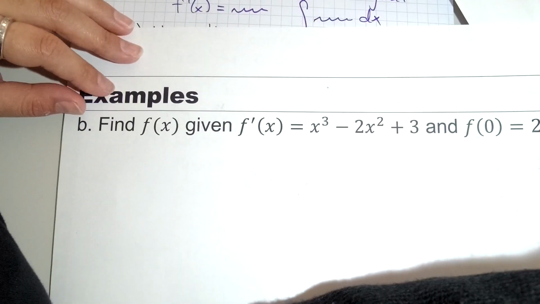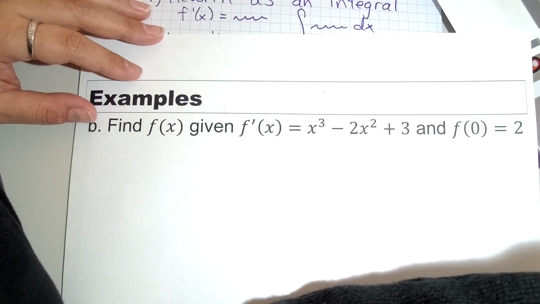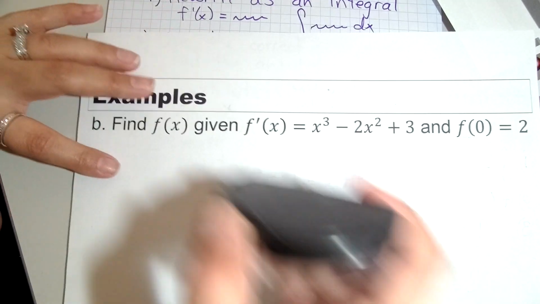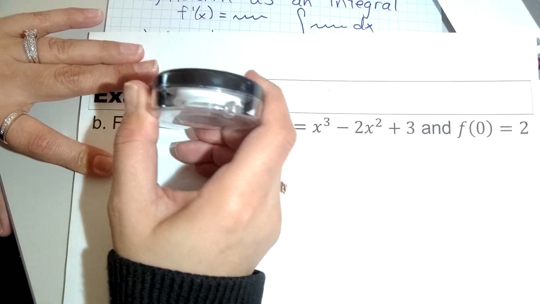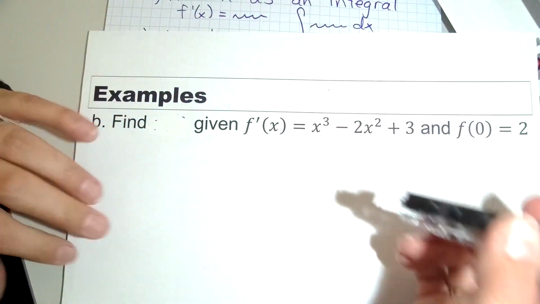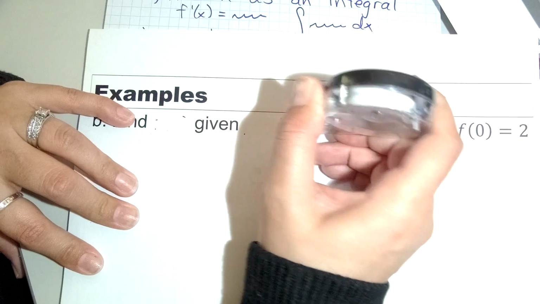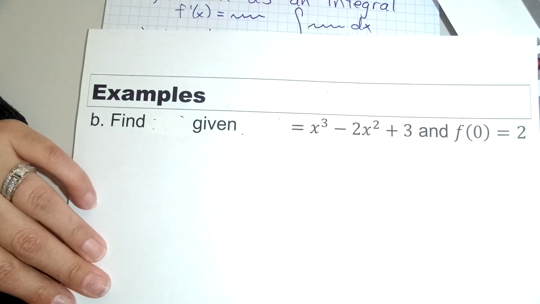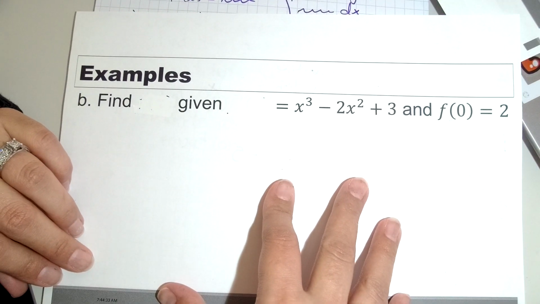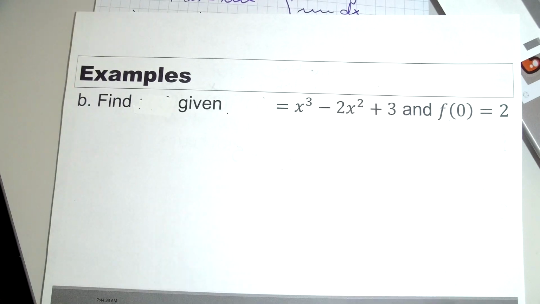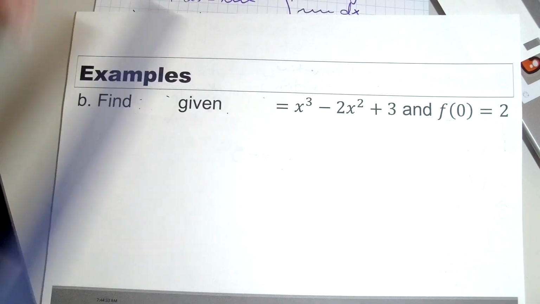On your paper, does it say f of x or y? And it says dy dx, right? But everything else is the same? What's different?